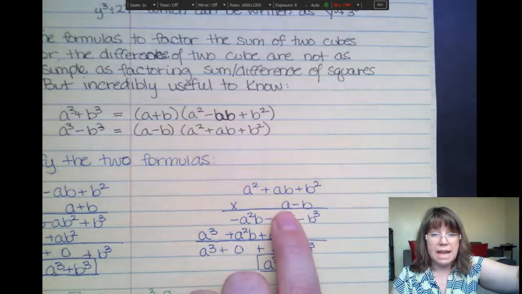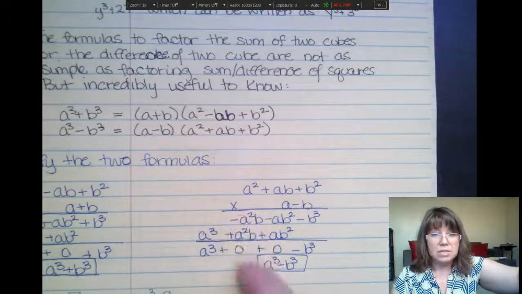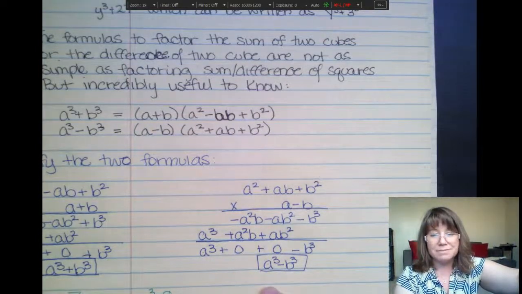Now let's multiply a to all of the terms. A times b squared is ab squared, a times ab is a squared b, and a times a squared is a cubed. Adding these straight down, I ultimately get a cubed minus b cubed.